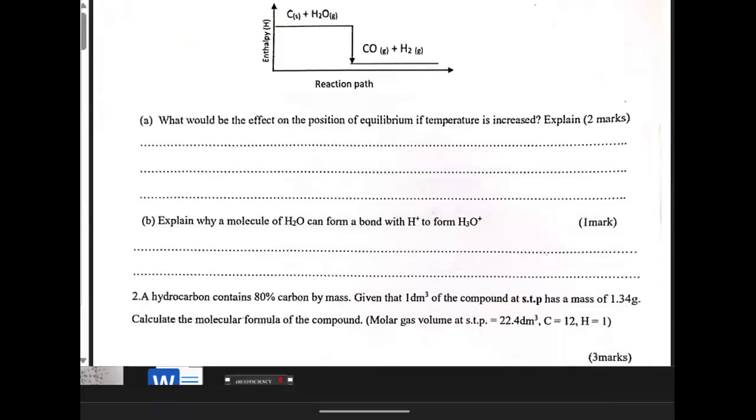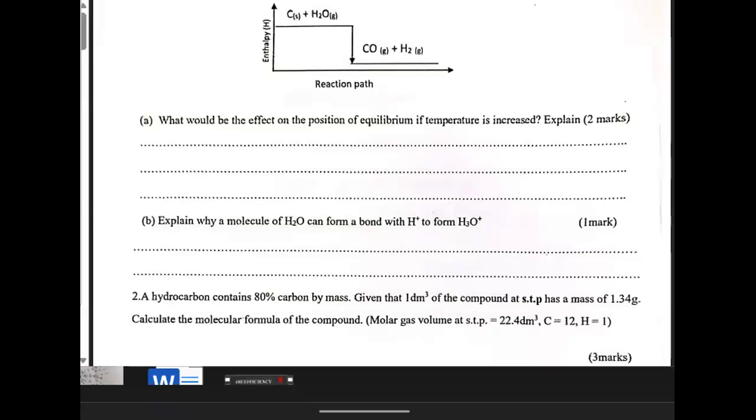The question is asking about the position of the equilibrium. So I've said the position of the equilibrium is going to shift to the left, backward, because increasing the temperature will favor the backward reaction. So the equilibrium is going to shift to the left.